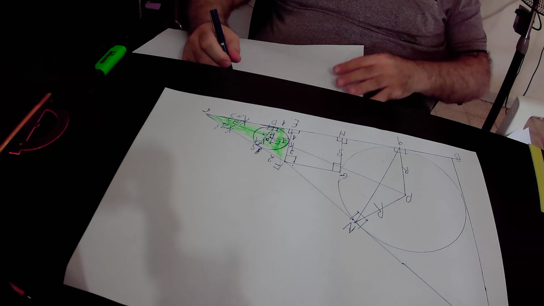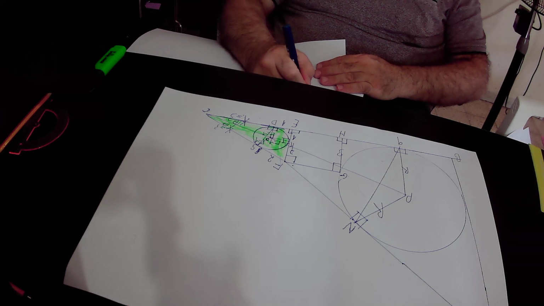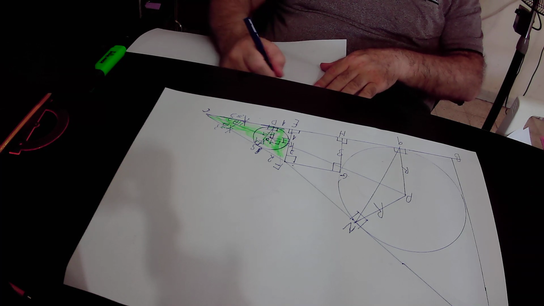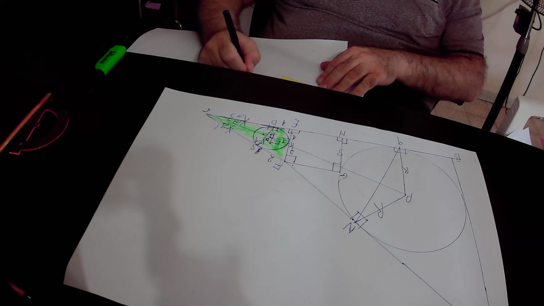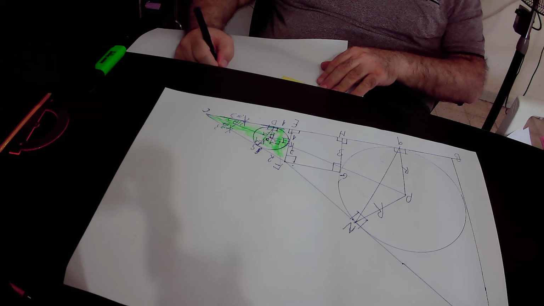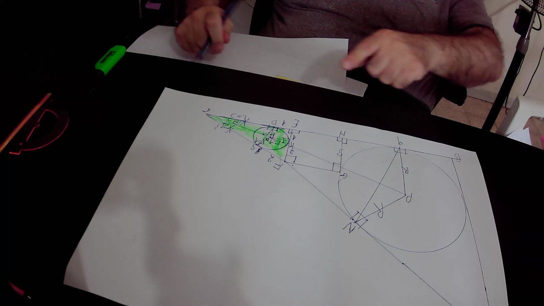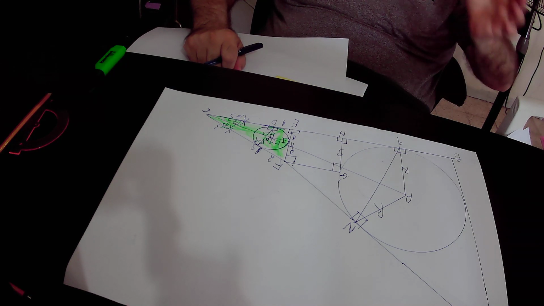So our claim is that CO passes through point P. I already mentioned before, I can also say that our claim is that points C, O, and P are all located on the same straight line.